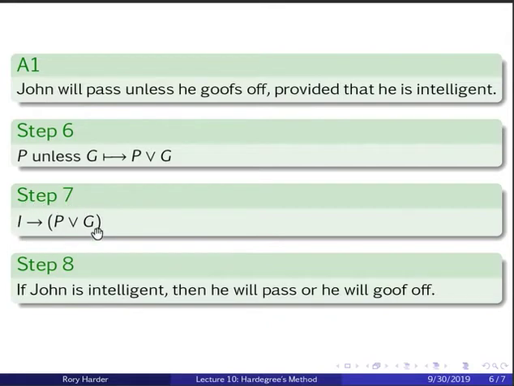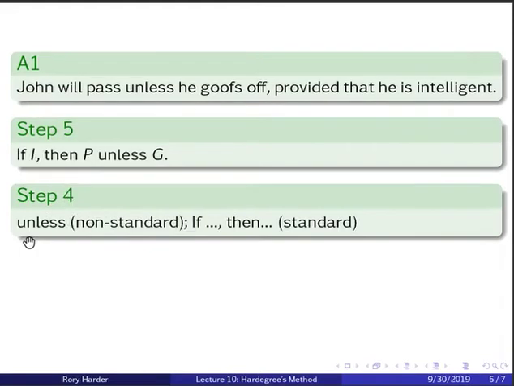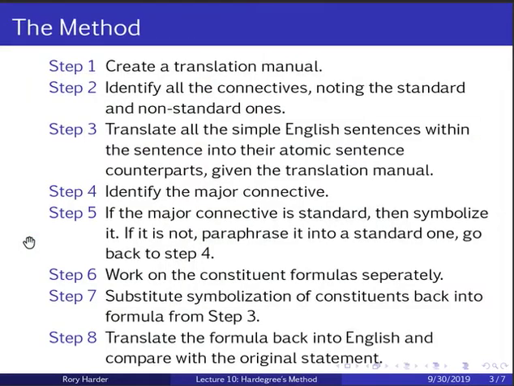And that's how we know that the translation we've ended up with in step 7 here is the correct translation. And we arrived at that through applying this 8-step method. And this is from the reading for this week, the chapter on logic from Heidegger.